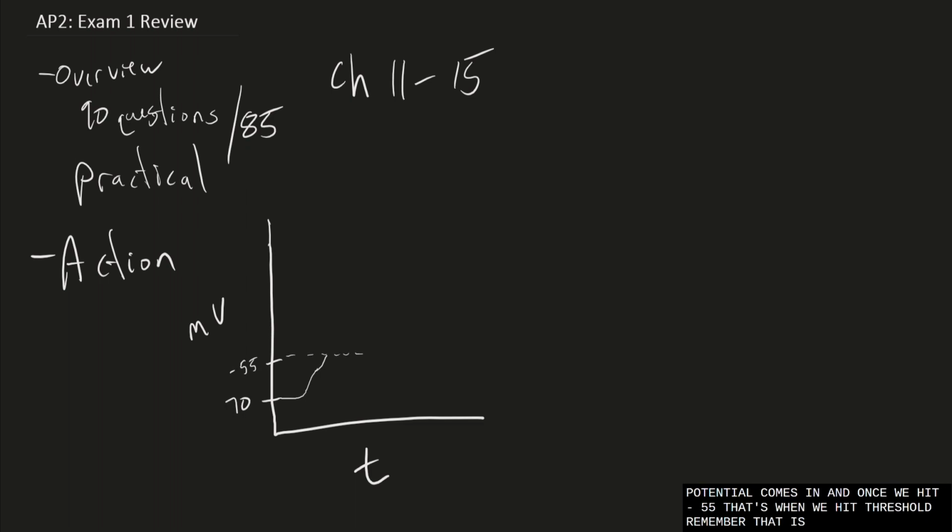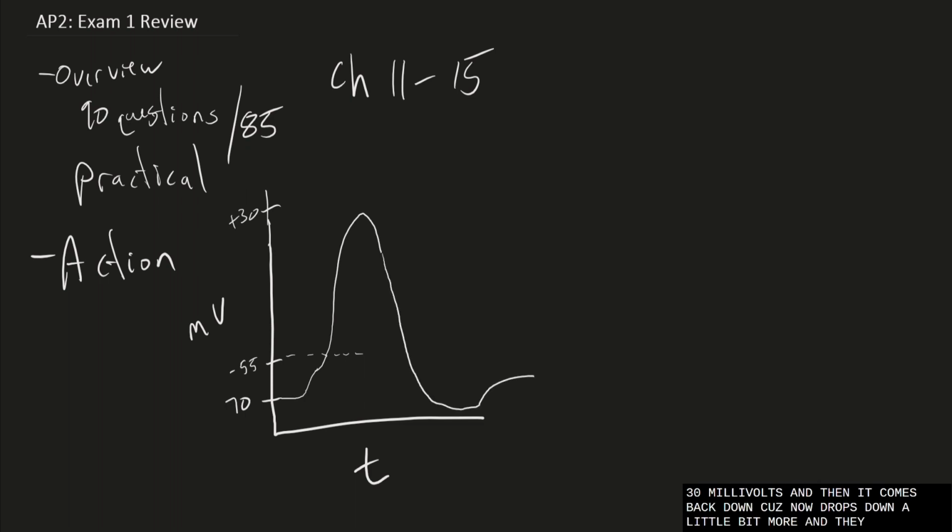So remember, that is the threshold right there. Once it hits that, it jumps up to about plus 30 millivolts. Then it comes back down, drops a little bit more, and then comes back up a little. It's not a good drawing, but you know what I mean. Time is in milliseconds down here as well.